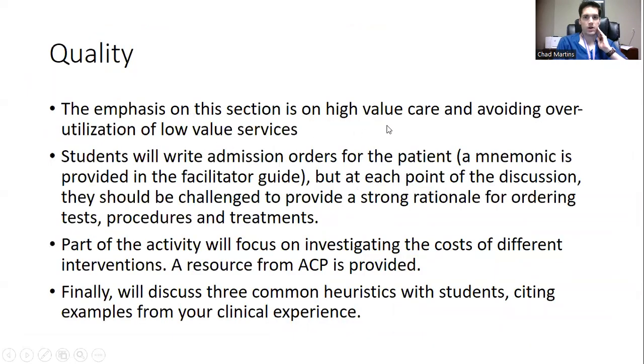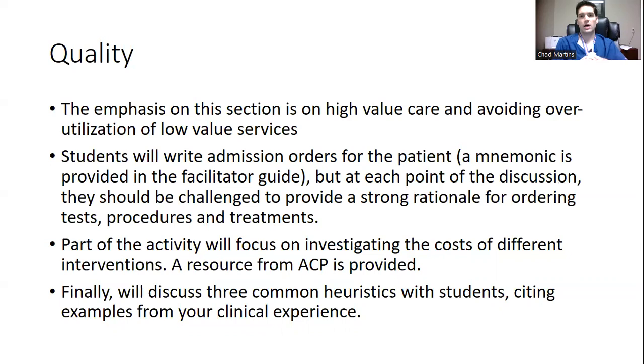So then they're going to move on to putting in admission orders for the patient. I gave a little mnemonic in the facilitator guide for you guys because most of us are used to EMRs now. But the main thing is to emphasize high value care and avoiding over utilization of low value services.